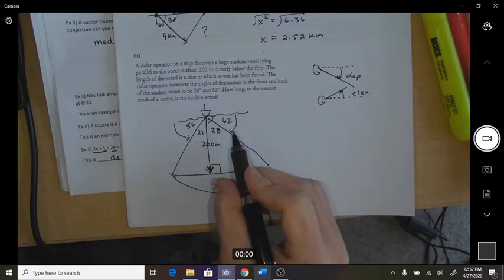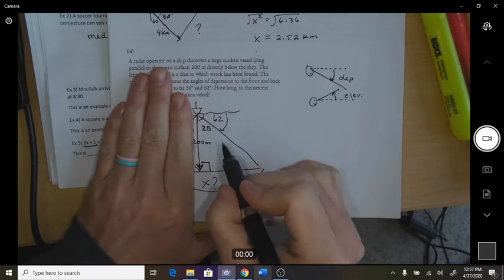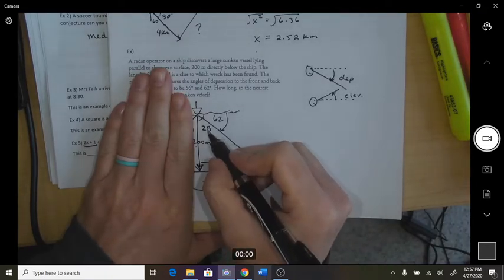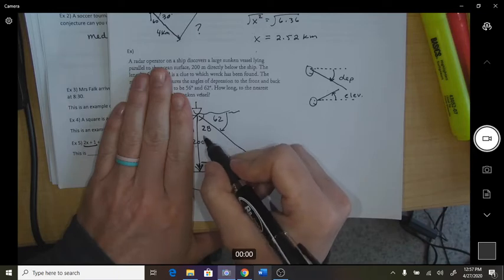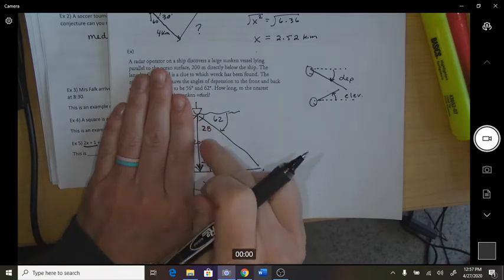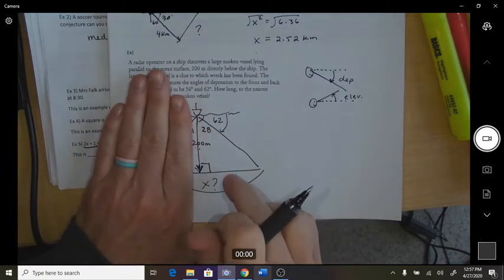Okay, and I'm going to take this and do a right triangle. So I'm going to use SOHCAHTOA. So if I have this angle, then I would have the adjacent, and I want to know the bottom here.